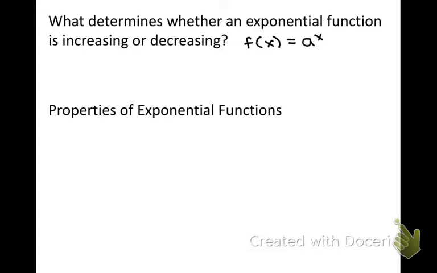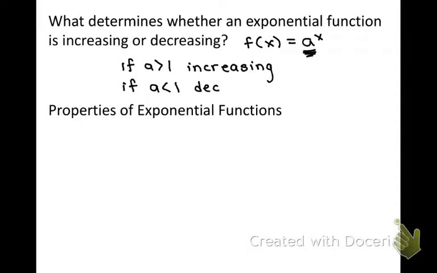What is it that determines whether this is increasing or decreasing? It's all about that a value. If a is greater than 1, it's going to be increasing. If a is less than 1, it's going to be decreasing.